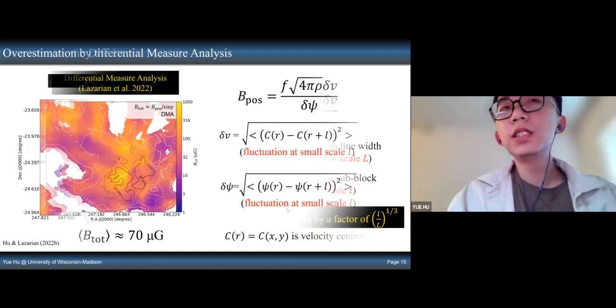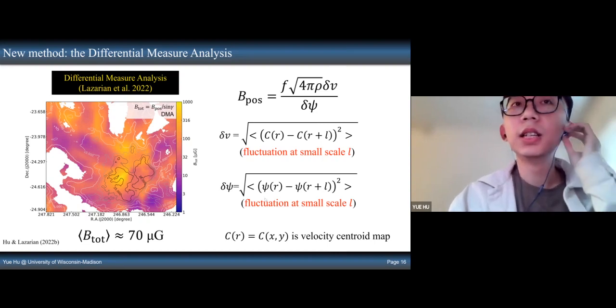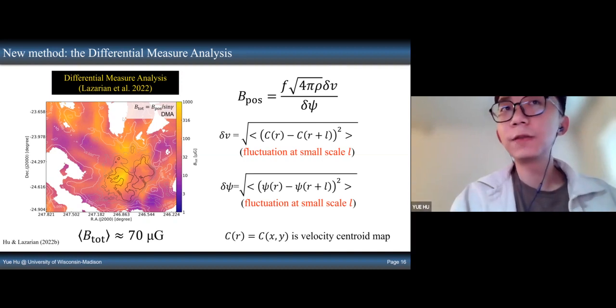To solve this issue of overestimation by the Chandrasekhar-Fermi method, we also employ a different method called differential measure analysis. For this method, instead of calculating the velocity dispersion from line width, we use the structure function and the velocity centroid map, the moment one map, to calculate the velocity fluctuation.